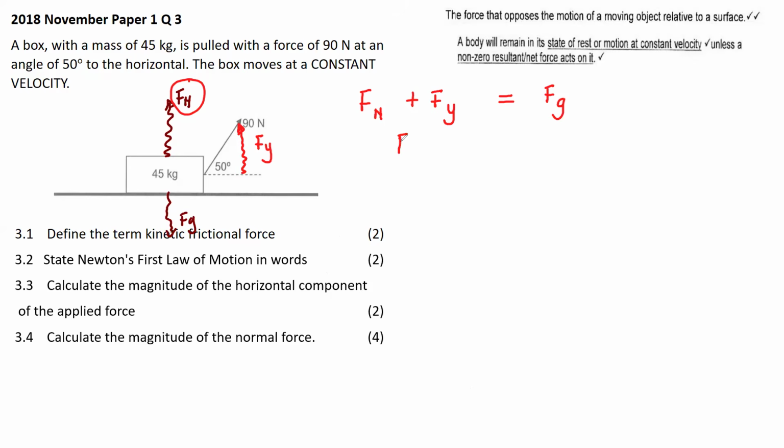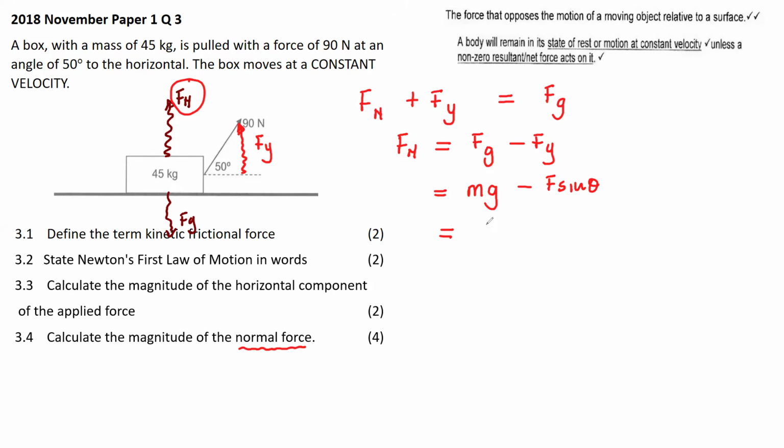So I'm looking for normal force. Calculate the magnitude of the normal force. It is going to be equal to Fg minus Fy. Fg is mass times gravity. Fy is the vertical component, F sine theta. And so now I put my numbers.